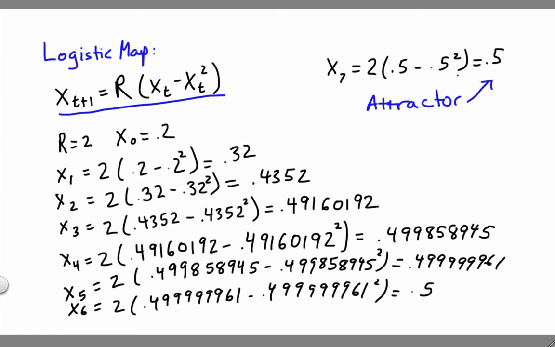When the system ends up at a single value, like 0.5, this value is called a fixed point, since the value, or the point, stays fixed. Thus, for this system, 0.5 is called a fixed point attractor.